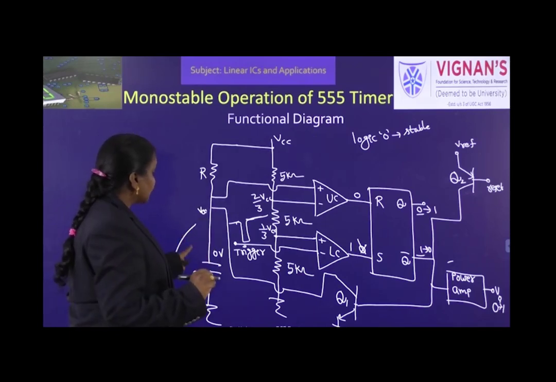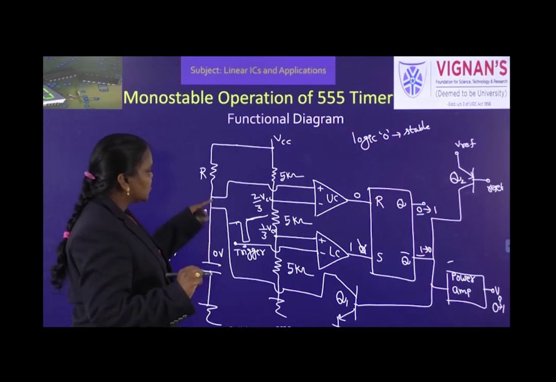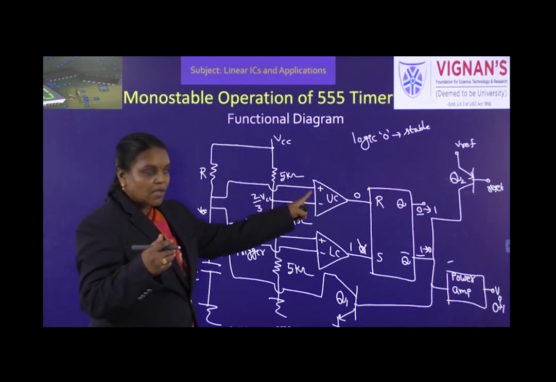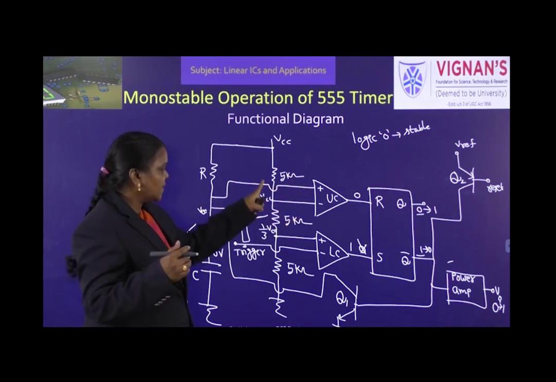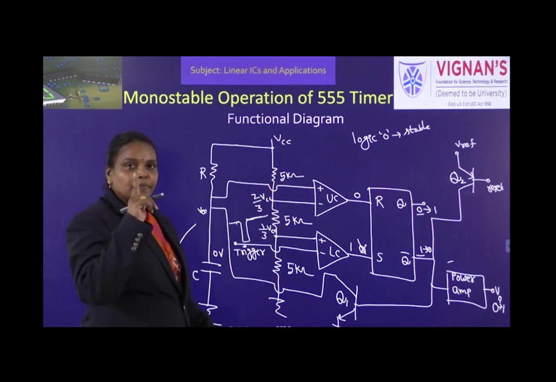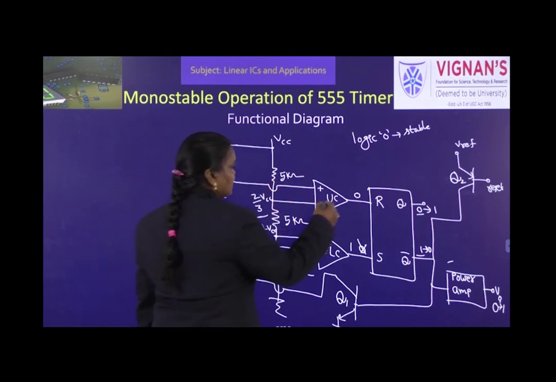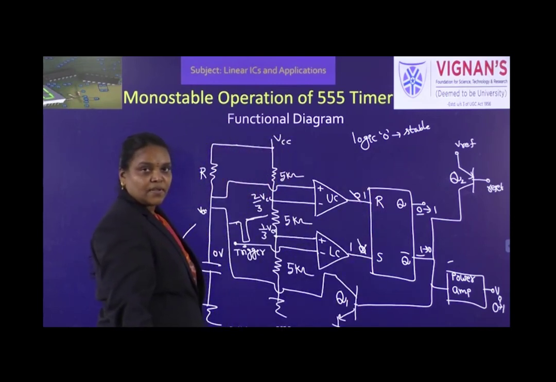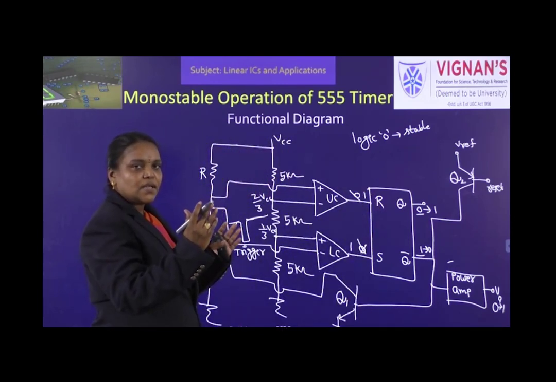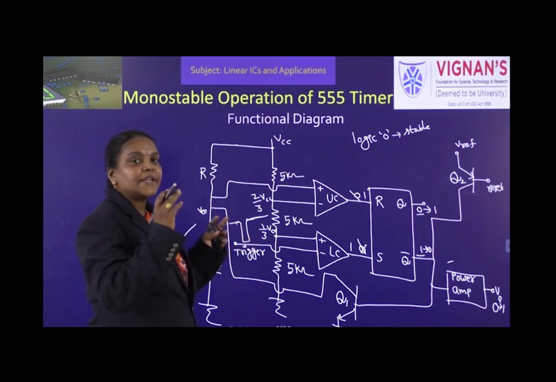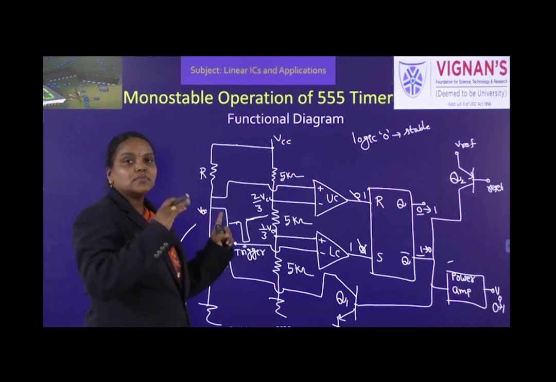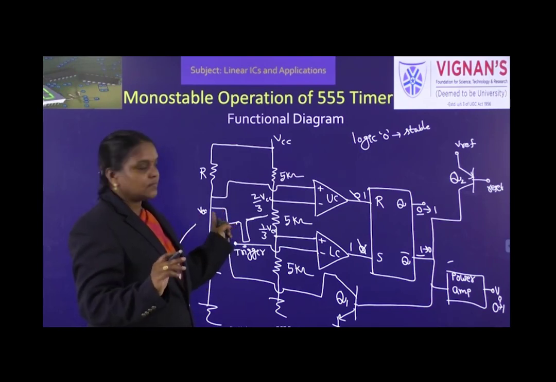But what happens? Whenever this capacitor voltage just exceeds 2/3 VCC, which is applied to the plus input of the upper comparator, then upper comparator output becomes 1. That time is nothing but the time taken by the capacitor to reach its voltage from 0 to just crossing 2/3 VCC.